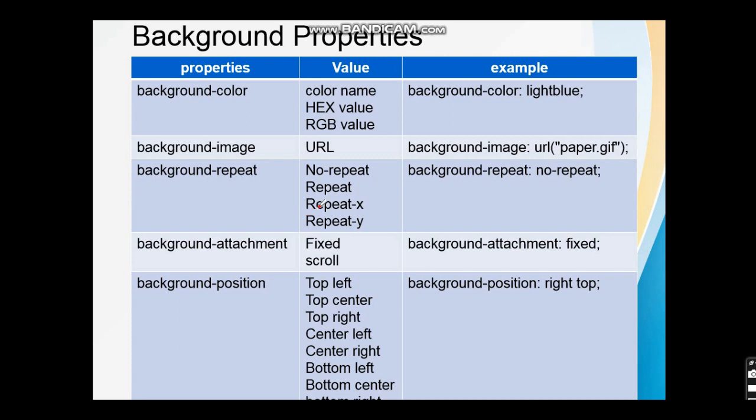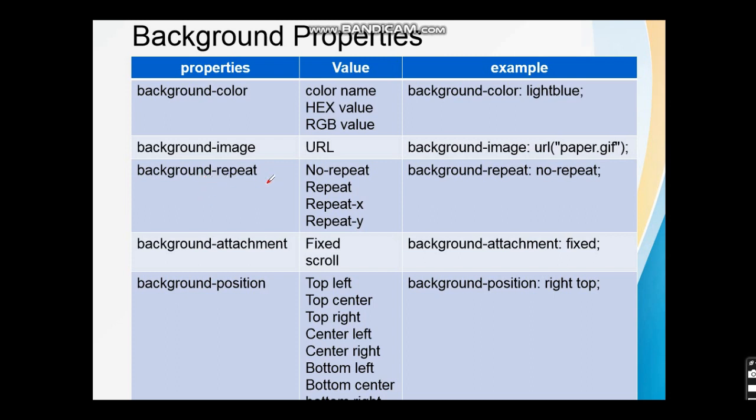Now, background properties which we are going to use while styling our HTML document, right? These are the background properties like background color. These are the values and these are the examples. Similarly, background image, value is URL, and you can see in the example how you're going to provide the background image.